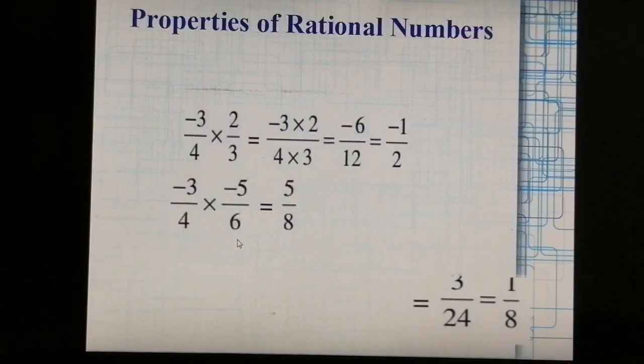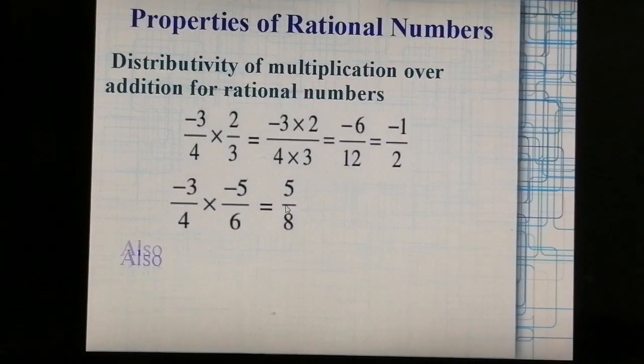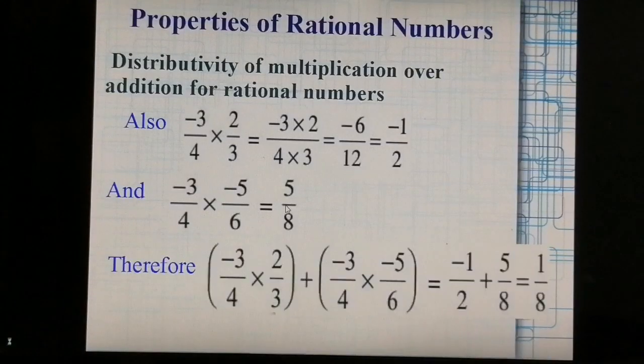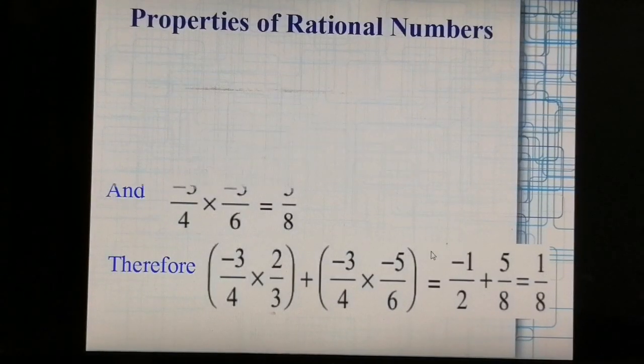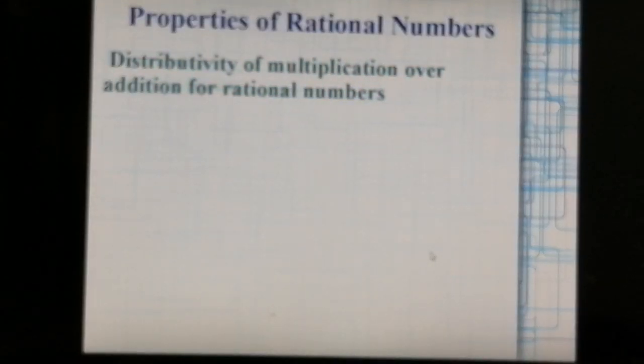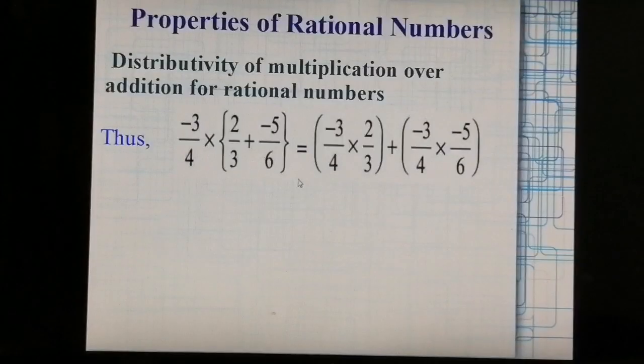But if we multiply this and multiply this, and add these two, here is the first term, here the second term. The first term comes out to be -1/2 and the second term comes out to be 5/8, and we get this result. Thus, left hand side is equal to right hand side.